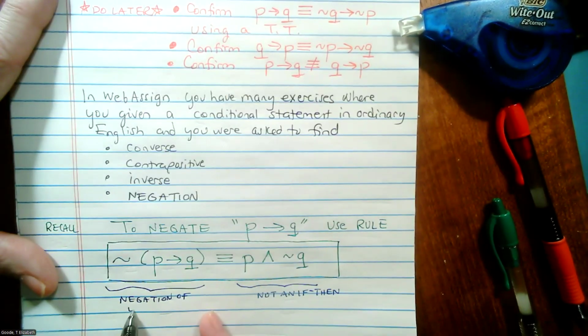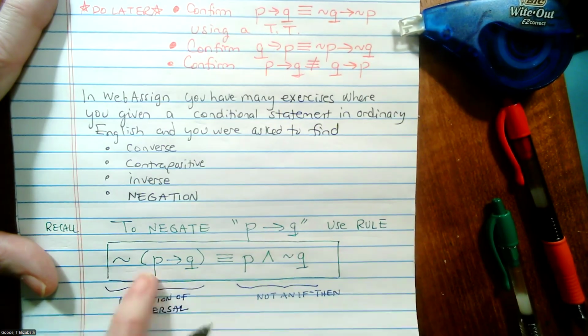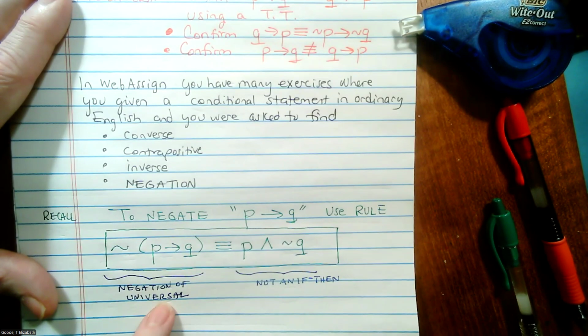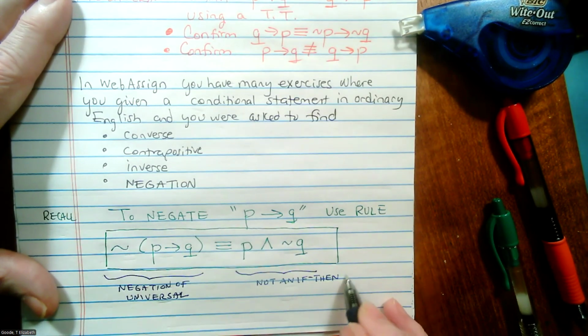When we're negating if P then Q, we're negating a universal statement, because if P then Q is universal. This is not an if-then because it's not a universal.